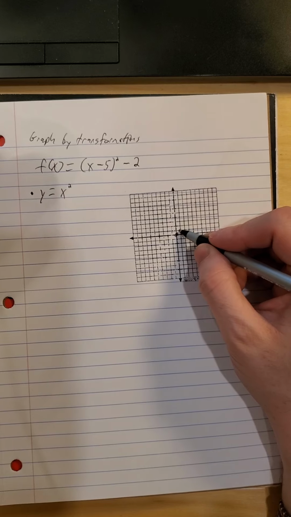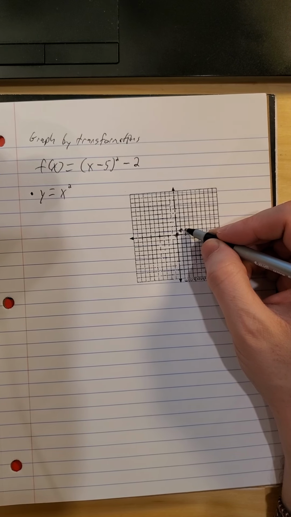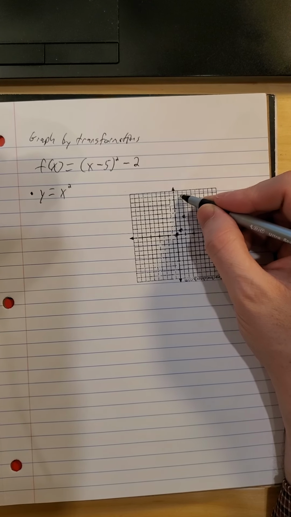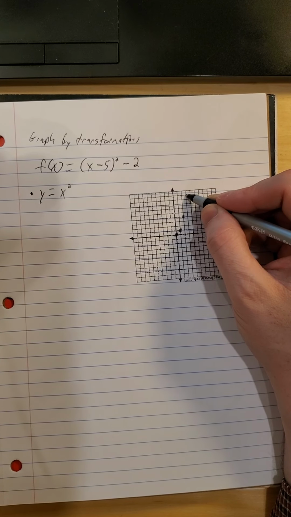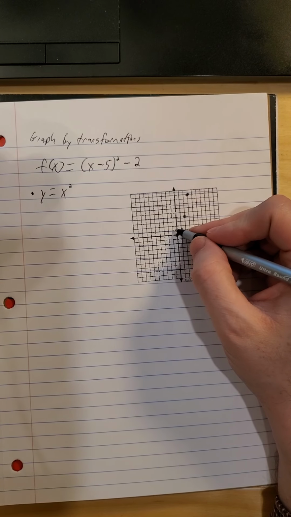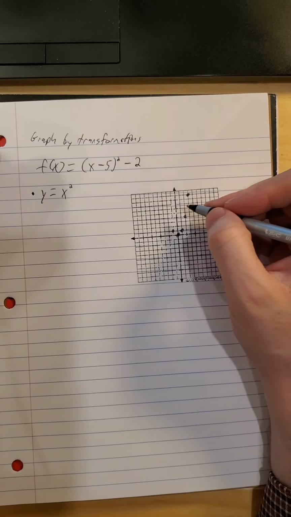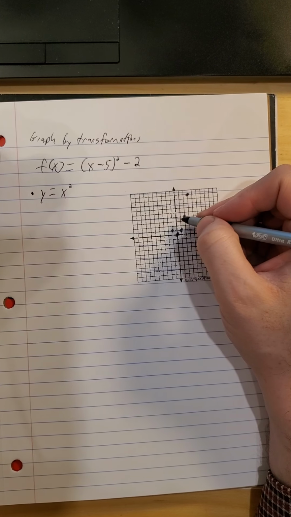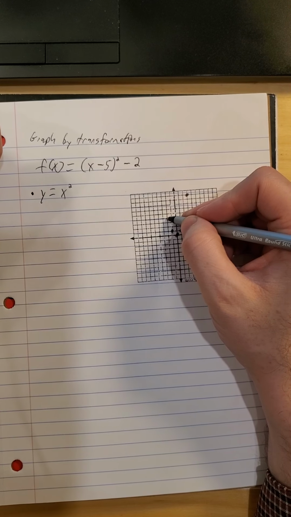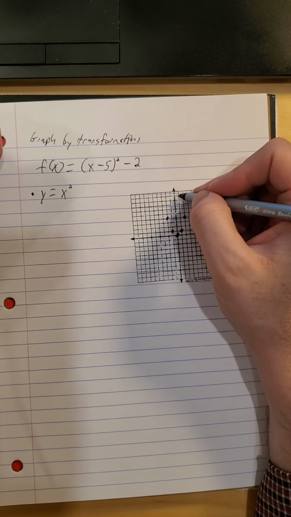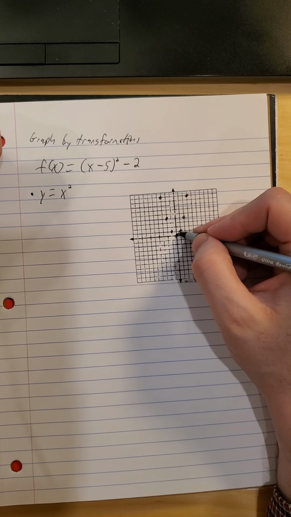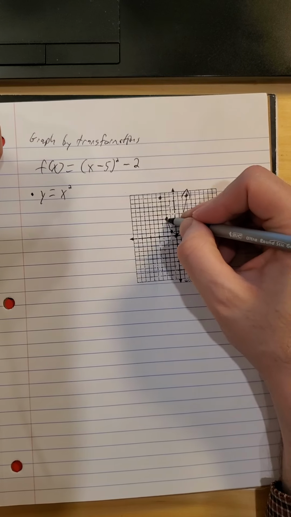So 0 squared is 0, 1 squared is 1, 2 squared is 4, 3 squared is 9, and that's as far as we'll typically go. 4 squared, we would go to 16. That's a little farther than this 10 in each direction grid goes. -1 quantity squared flips us to +1. -2 quantity squared flips us to +4. -3 quantity squared flips us to +9. So there's our y1 graph.